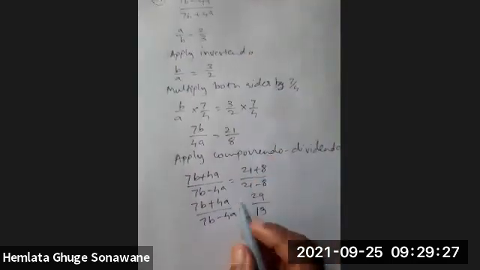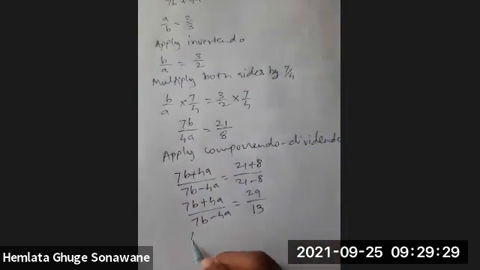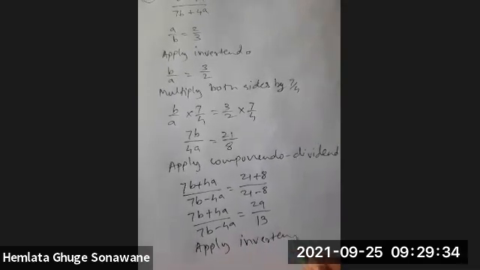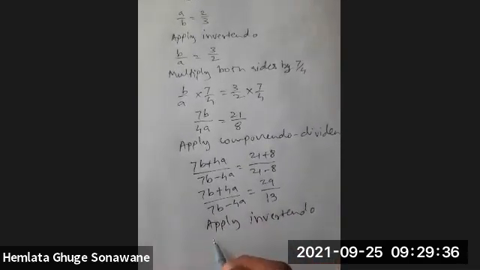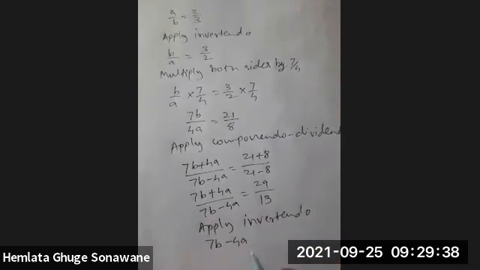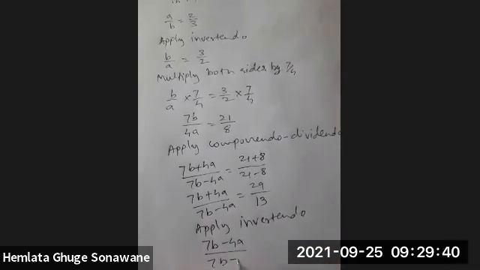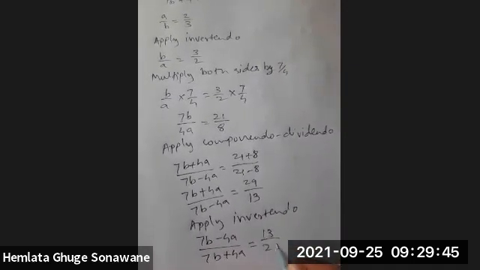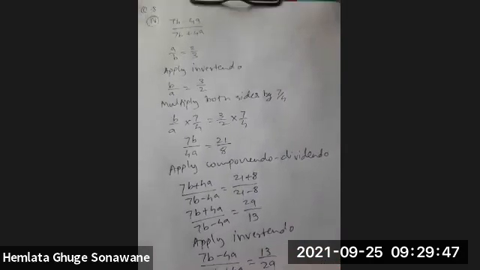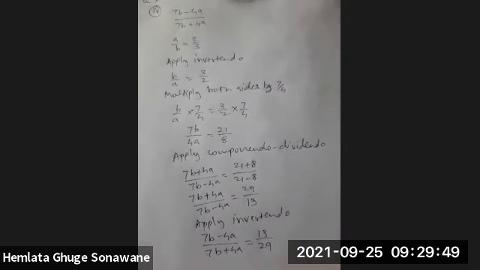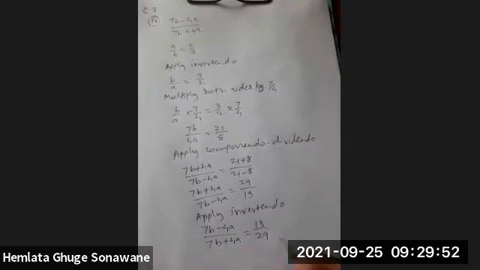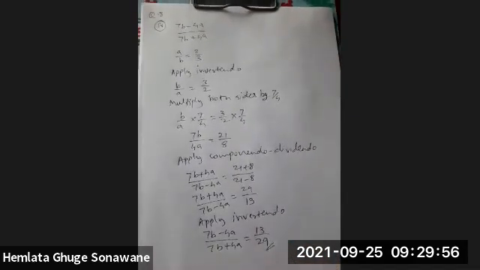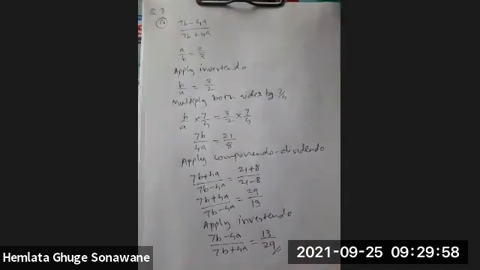So we'll apply invertendo here. So it becomes 7B minus 4A upon 7B plus 4A is equal to 13 upon 29. This is the value of the given expression. Just go through the solution.